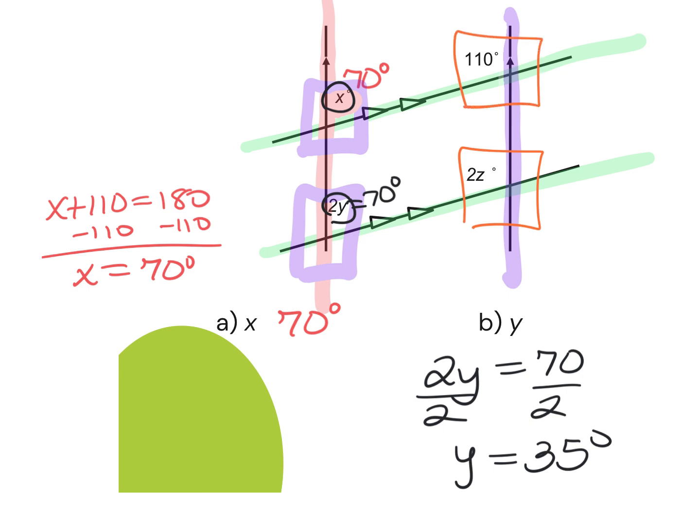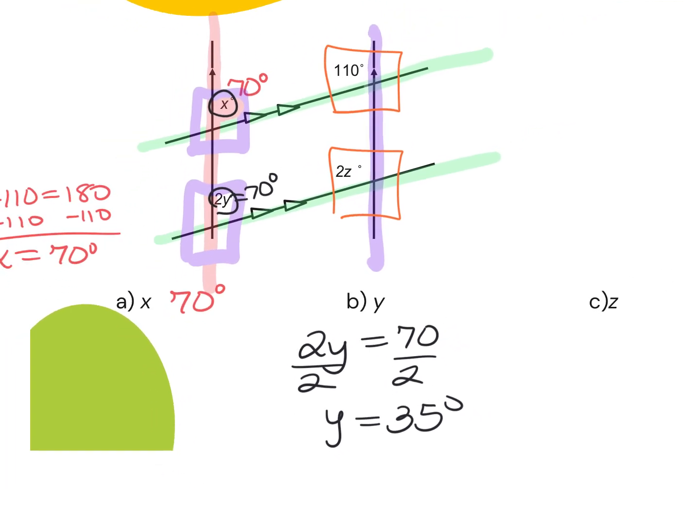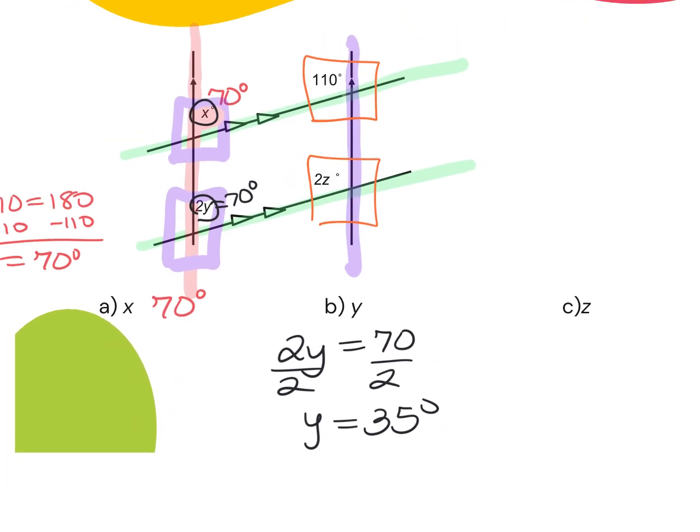What kind of angles are the 110 and the 2z? Corresponding again. Good. Okay, what do we know about corresponding angles again? They're congruent. So in order to find z, I'm going to solve 2z equals 110, divided by 2, and z equals 55 degrees.